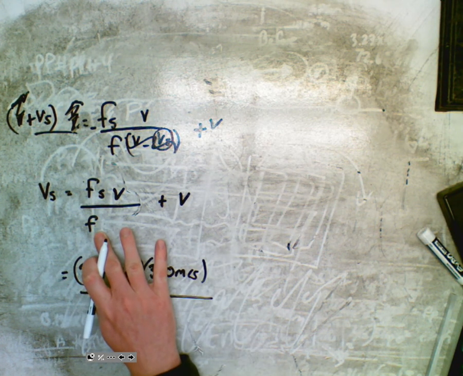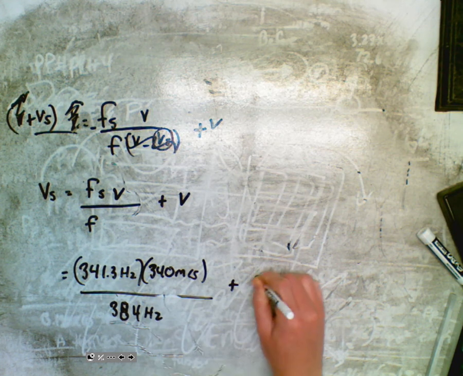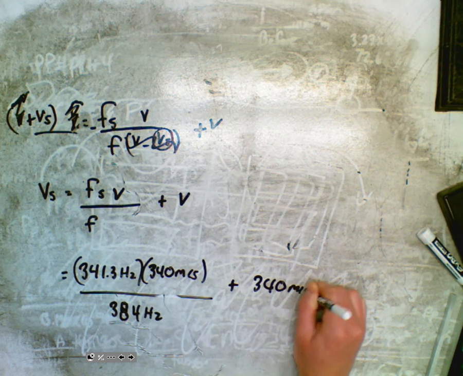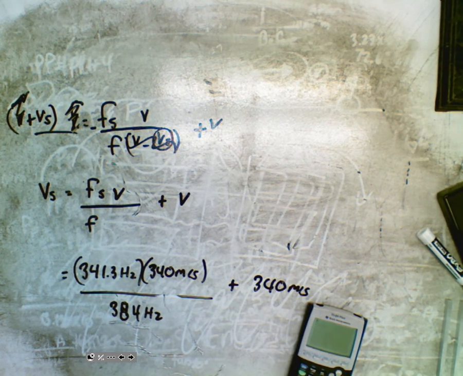So we hear that as a G note, and a G note on our chart is 384 hertz. And we have to add on the speed of sound to our answer. So when I plug that all in, 341.3 times 340 divided by 384, and then I add on 340 meters per second.